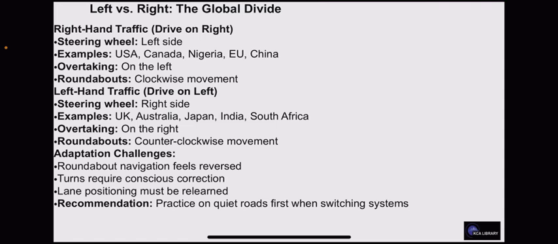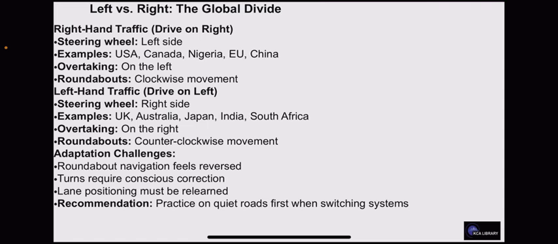Now let's move on to the main contents, where we have left versus right, that is the global divide. Under that, we have right hand traffic, that is you drive on the right hand side, and in doing that we have the steering wheel on the left side. Examples of countries that use this system are USA, Canada, Nigeria, European Union, China.